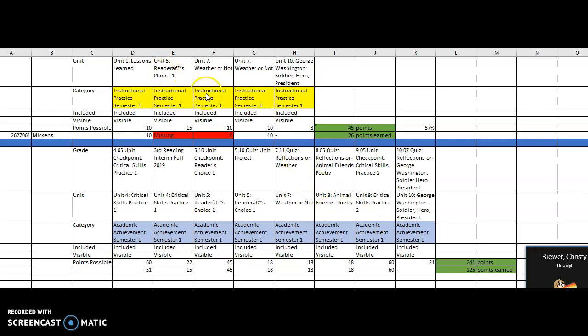In the instructional practice category, Jaden earned 10 out of 10 points for this unit. This is the one that's missing, the Reader's Choice project that you did some pieces and parts of at home, and the Learning Coach grades part of that.